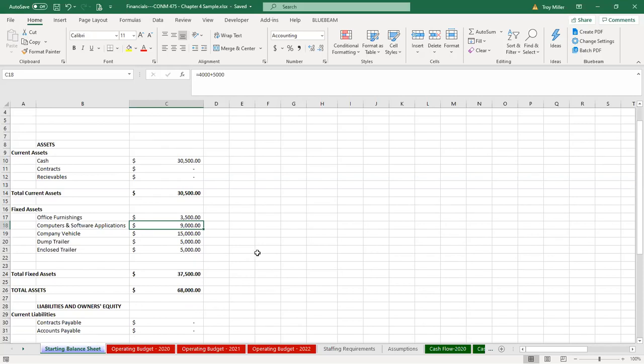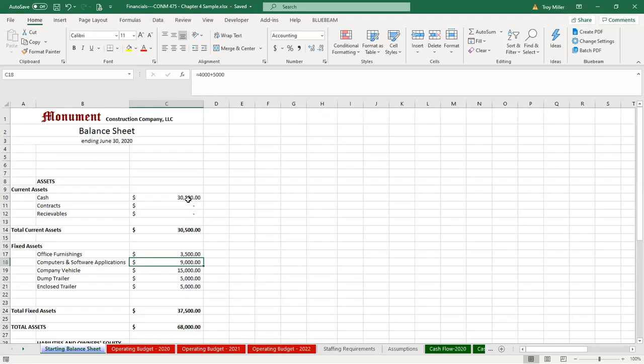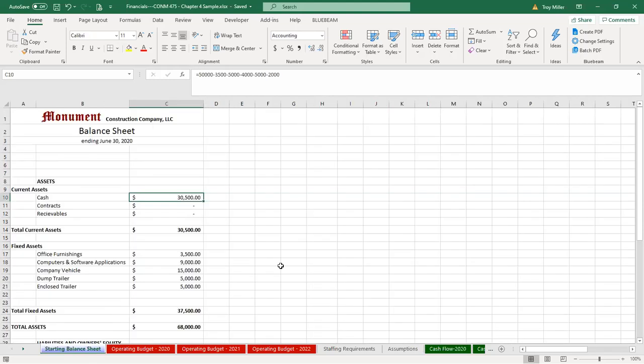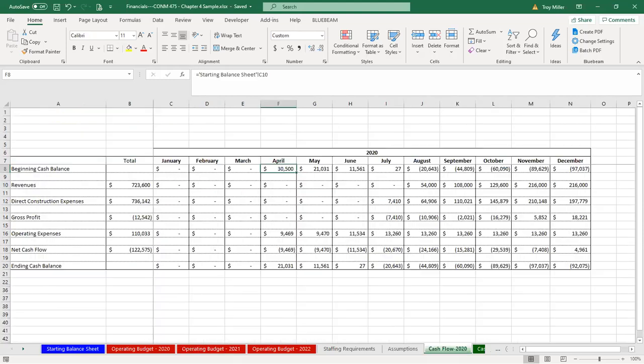So I assume a direct cash drawdown on that. When I come to the cash flow, I linked that back to that cell on the starting balance sheet, and that's where the starting cash came from. That's how much cash I have in the bank on day one of this business. Does that clarify it, Paul? Yeah, it does. Thank you. All right, what else, guys?